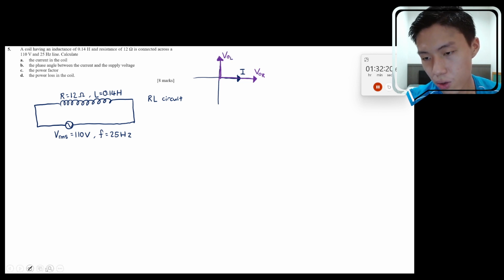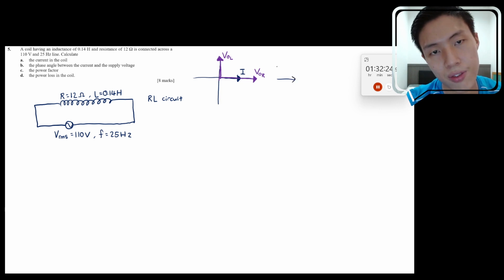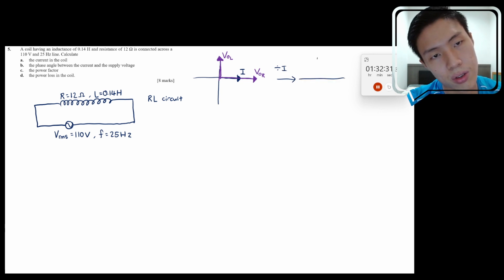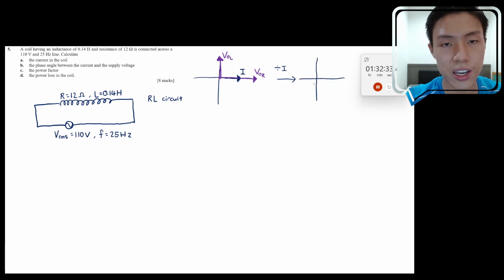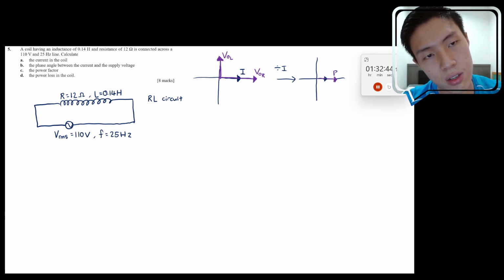You can also sketch a reduced version of everything. Reduced version means you divide everything by I. In that case, your phasor diagram is no longer a phasor diagram after you divide by I, but if the current is pointing here, then you are left with resistance over here, you are left with XL over here.